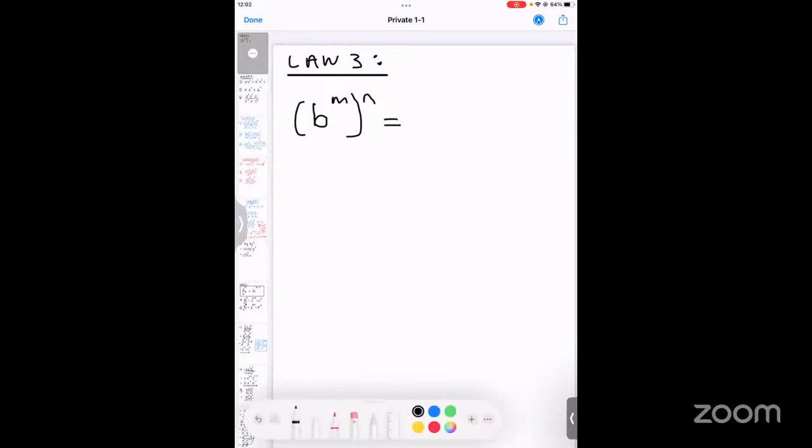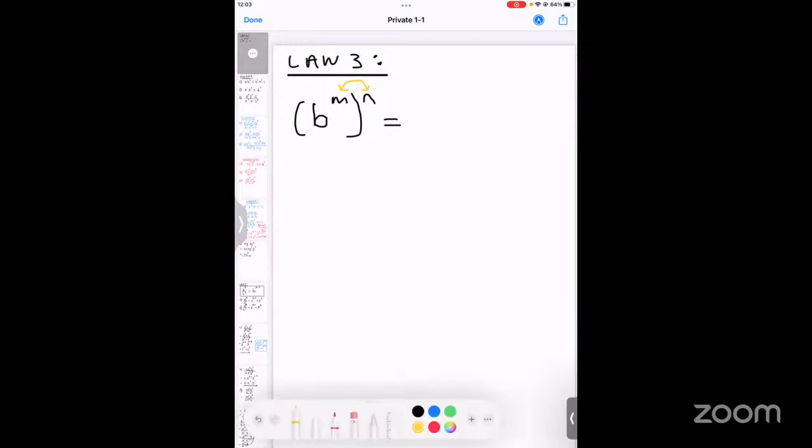Maybe let me ask you, do you know that the brackets function the same as multiplication? Yes, I know. So it simply means this exponent inside multiplies that exponent outside. Or you can even say the exponent outside multiplies the exponent inside.